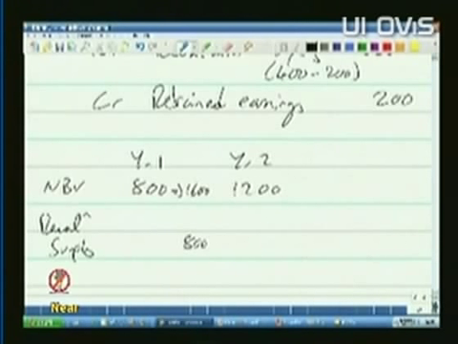Okay, and that would be shown within equity on the balance sheet, within the share capital, share premium, retained earnings section. At the end of year 2, we've got an asset now of 1200, and we are reducing the revaluation reserve down to 600. Okay? So at the end of year 2, the asset value is 1200. The revaluation surplus sits at 600.